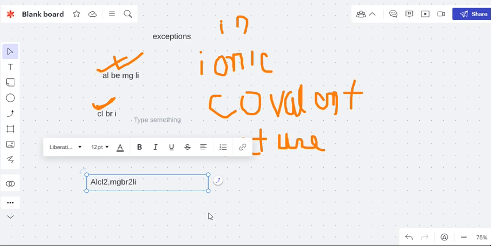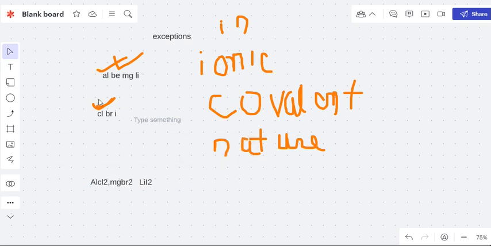A lot of examples are there. Whenever these metals make a bond with these non-metals, which are chlorine, bromine, and iodine, it is basically covalent in nature.